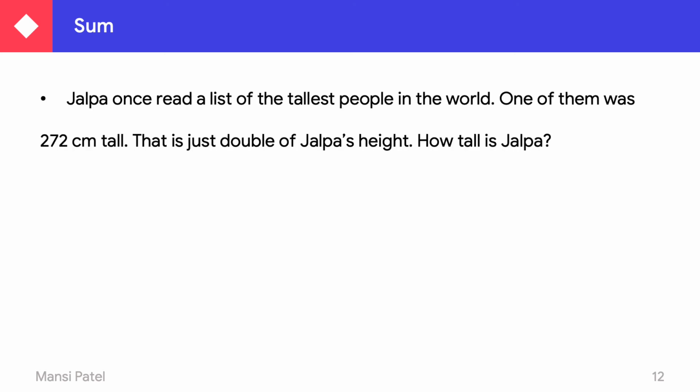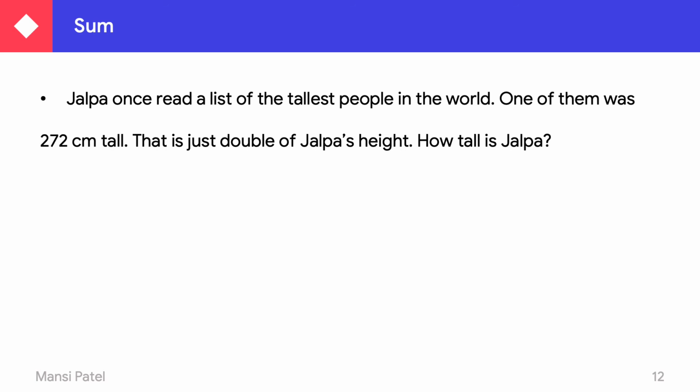Let us see one sum. Jalpa once read a list of the tallest people in the world. What is the height of the tallest people that Jalpa read one time?